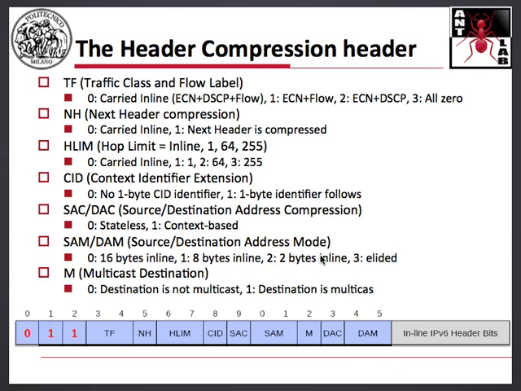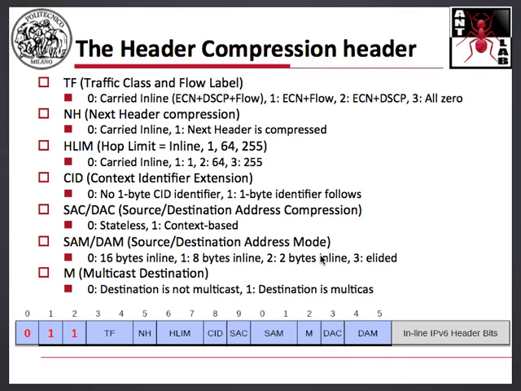Okay, and this happens basically for all the other fields. If we look at the next header field, it's 1 bit. 0 means that the next header field is present in the packet header here. 1 means that the next header is compressed, meaning that you have a next header here, but it's compressed. And we will see how it's compressed if the upper layer protocol is UDP.